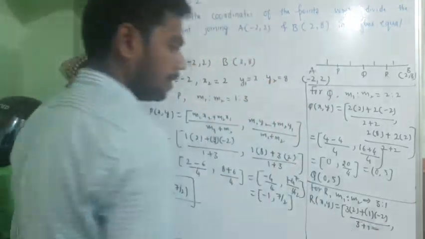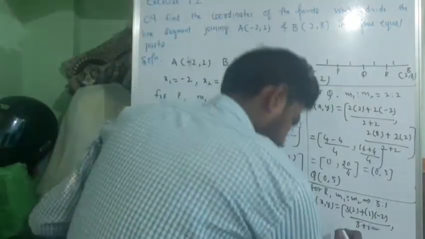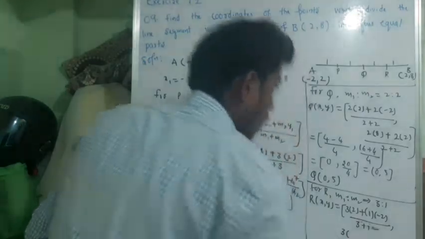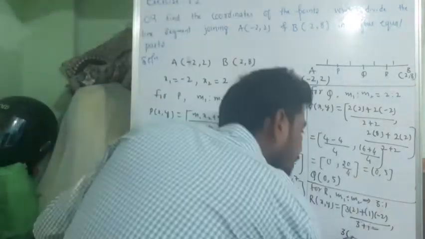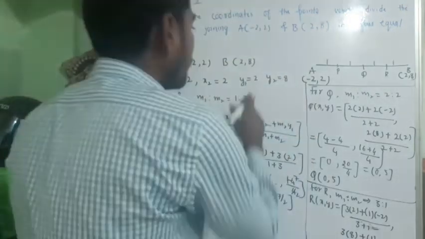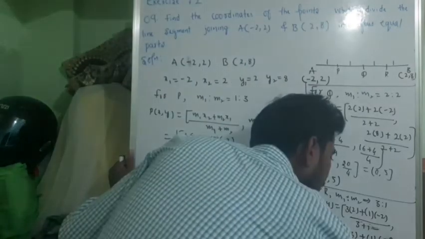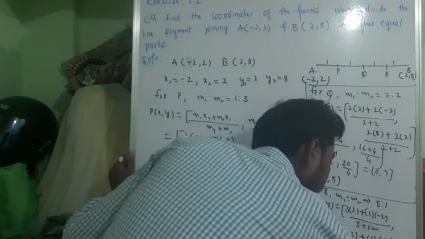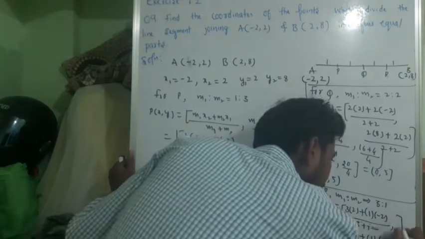Next, I am going to continue here. M1 is 3. What is y2? 8 plus M2 y1. M2 is 1 into y1 is 2 divided by 3 plus 1.